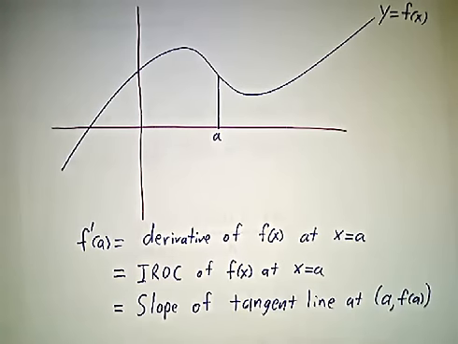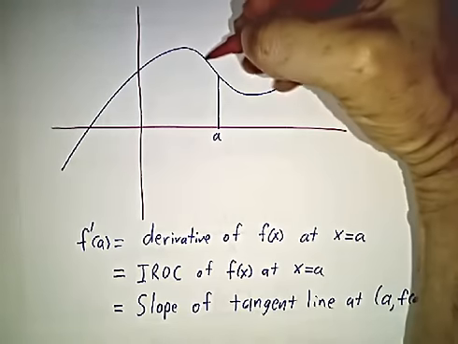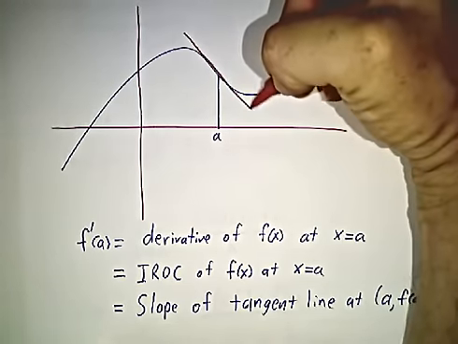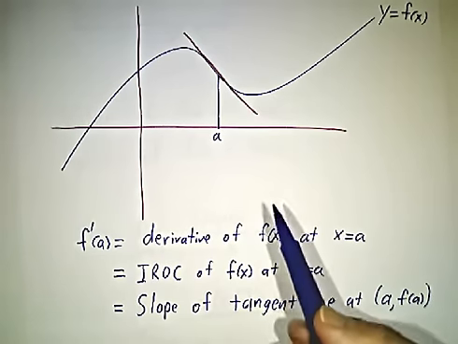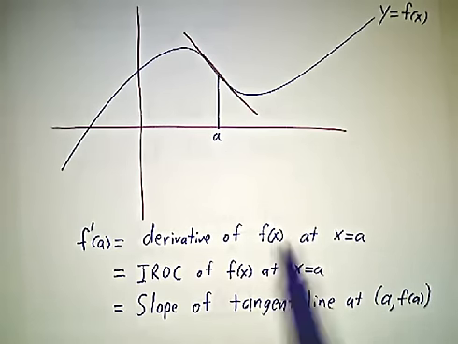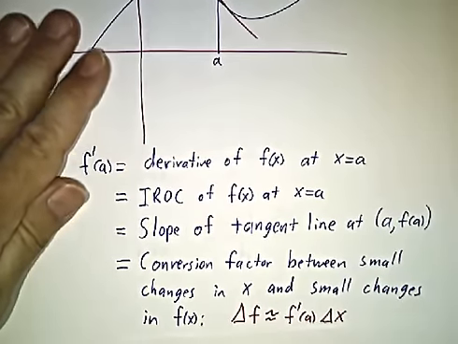And we saw that that was the same thing as the slope of a tangent line. If we draw the line that's tangent to the curve at this point and take its slope, in this case it looks like it's around -1, that's going to be the instantaneous rate of change, and it also gives us a conversion factor.